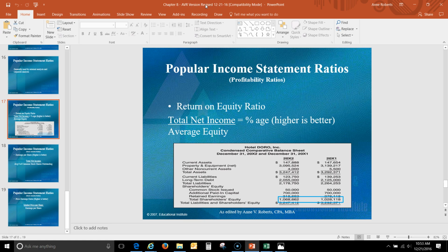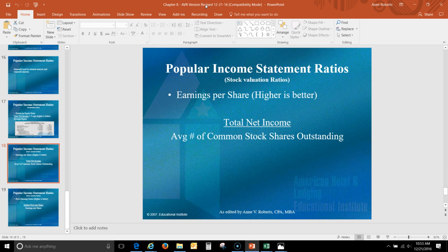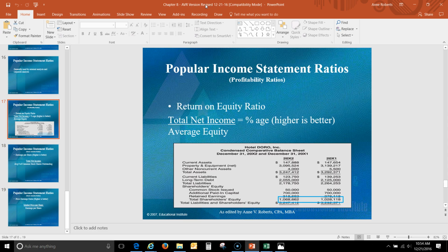So if you were calculating this ratio, is it shares issued or authorized? Shares issued. Okay?